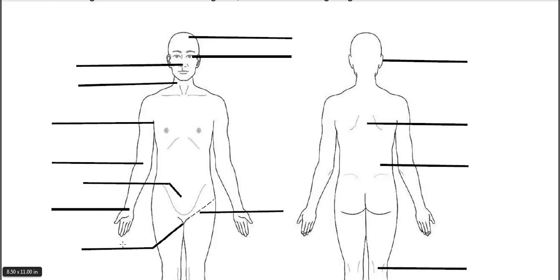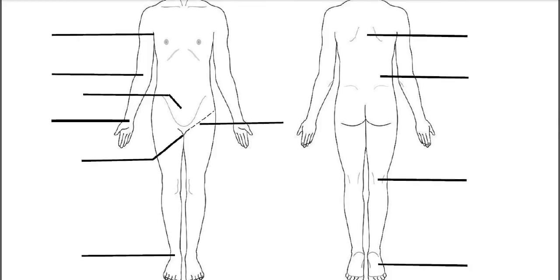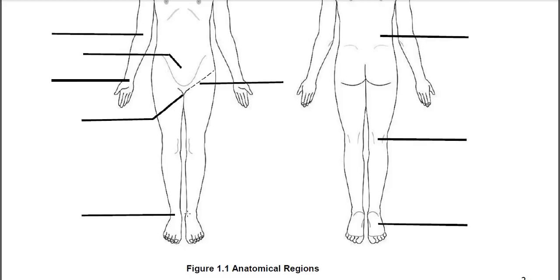This is the pubic region. This diagonal dashed line here, which is essentially the groin region, is called the inguinal region. Then all the way down at the bottom here with the ankle is the tarsal region. The wrist was carpal, the ankle is tarsal.